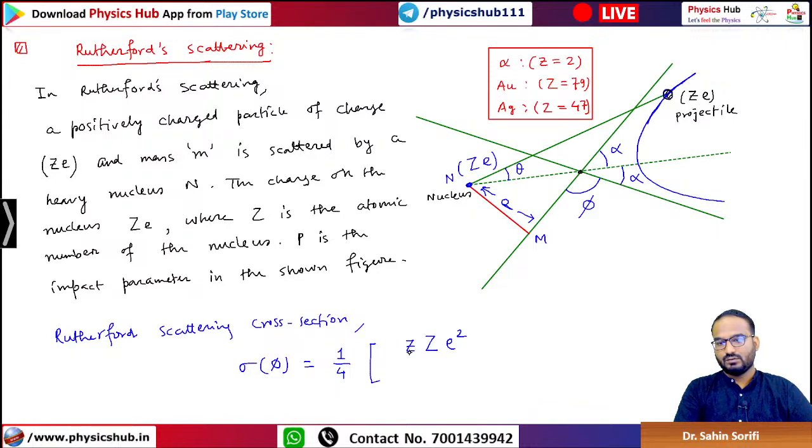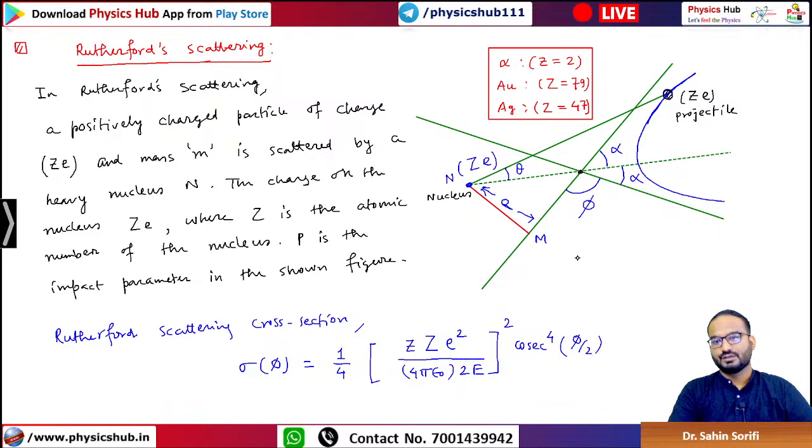One e from this, another e from that, so it becomes e square divided by 4 pi epsilon naught times 2E, where E is the kinetic energy of this projectile, whole square, into cosec to the power 4 of phi by 2.